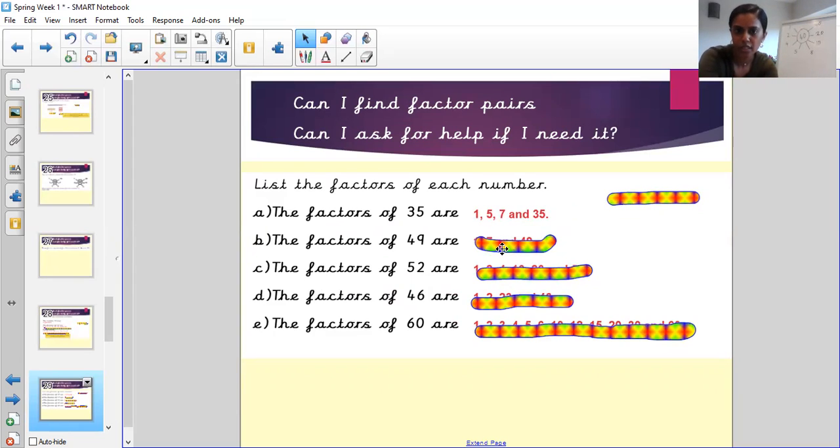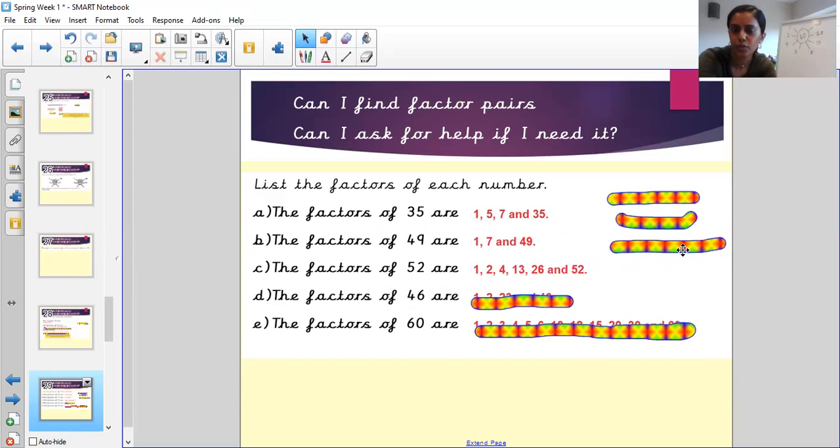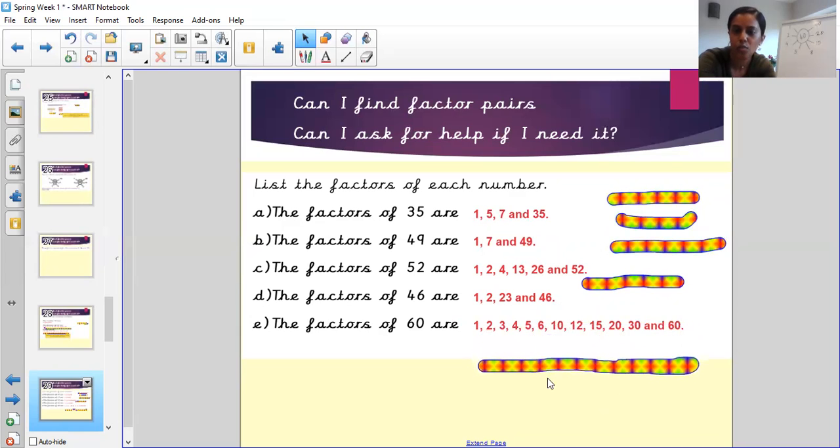The factors of 49 are 1, 7, and 49. The factors of 52 are 1, 2, 4, 13, 26, and 52. The factors of 46 are 1, 2, 23, and 46. And finally, the factors of 60 are 1, 2, 3, 4, 5, 6, 10, 12, 15, 20, 30, and 60.